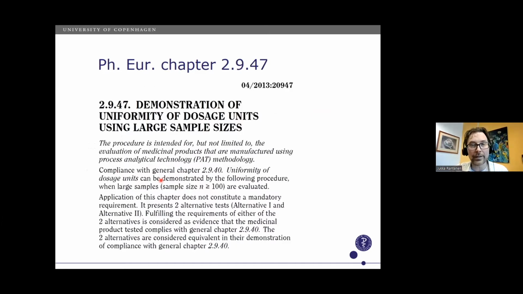Another related pharmacopoeia monograph that is interesting in the PAT context is this 2.9.47, demonstration of uniformity of dosage units using large sample sizes. So this is literally something where you have many samples, so more than 100. So this monograph here is presenting scenarios for having thousands of analytical results from a batch of your product.